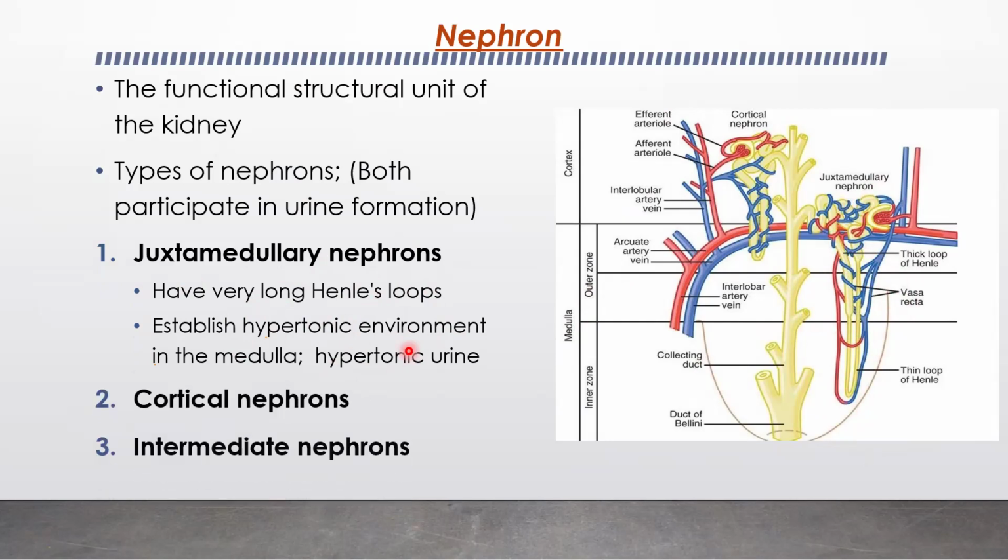While the cortical nephrons are just found in the cortex, they won't produce as hypertonic urine, as they lack this vasa recta surrounding the juxtamedullary nephrons. Then you'll have the intermediate nephrons being found in between the juxtamedullary nephrons and the cortical nephrons.